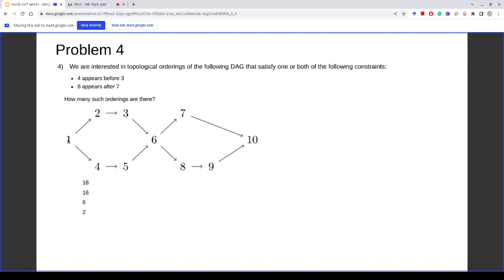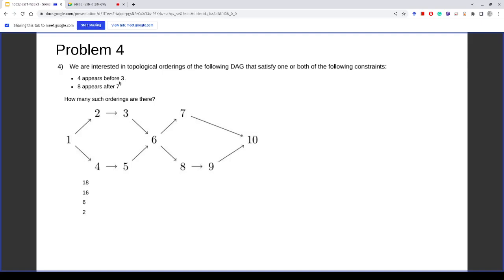It's basically setting all of these nodes 1 to 10 in a line, and in the line all the edges go forward, in the sense that the nodes that come before in the line are connected to the nodes that come after them. And the question is, how many such orderings can there be?